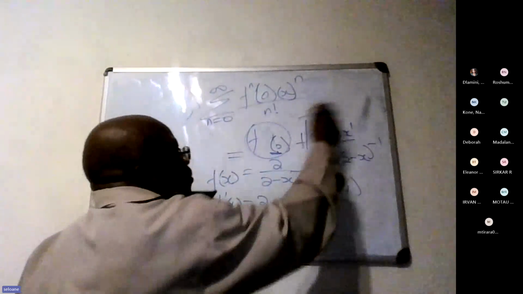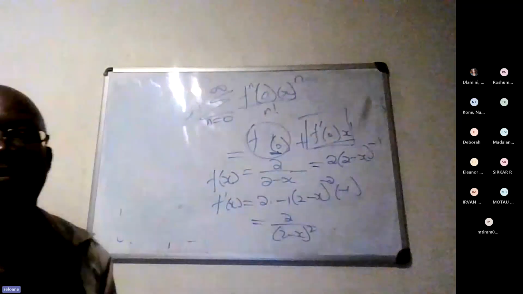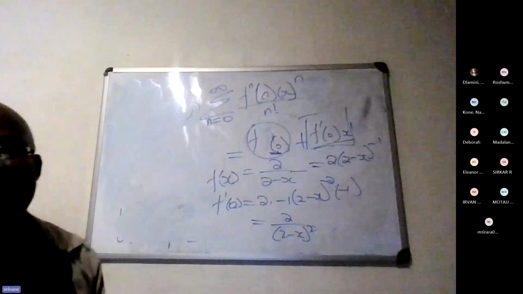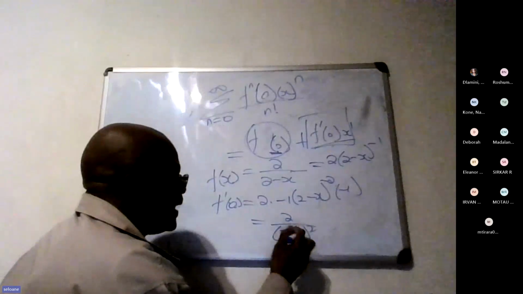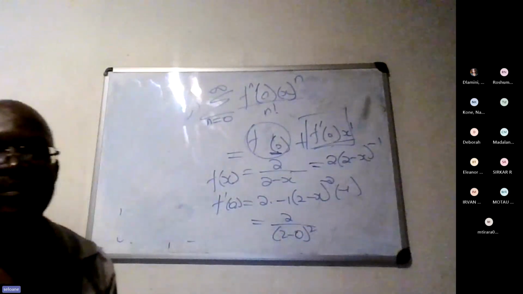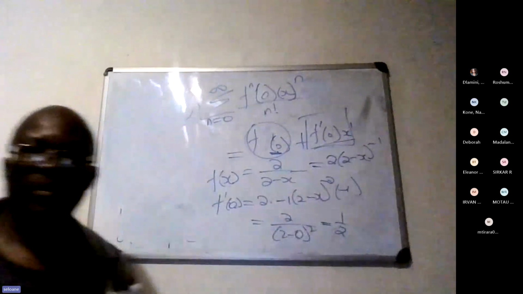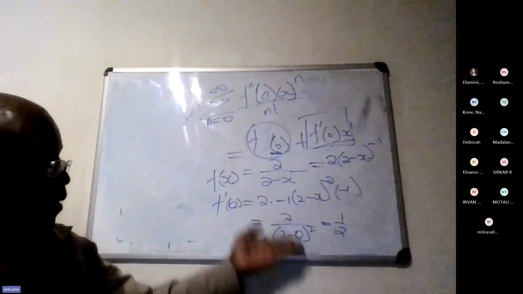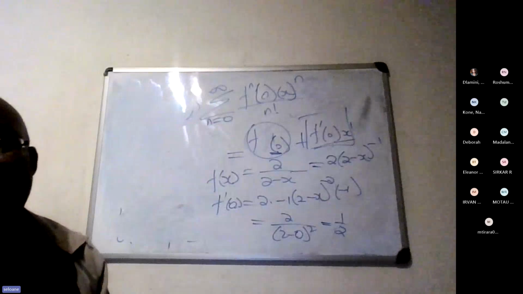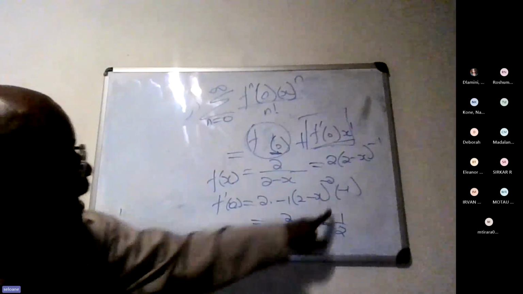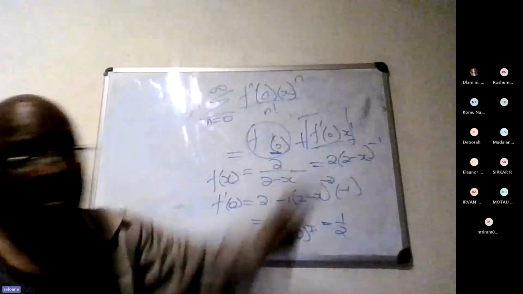Therefore, this now becomes what? You just need to replace x here by 0. And this is simply going to give you half, because it will be 4 here. It will be 2 over 4, which is half. Therefore, T2, the Taylor series for T2, will be half multiplied by x.